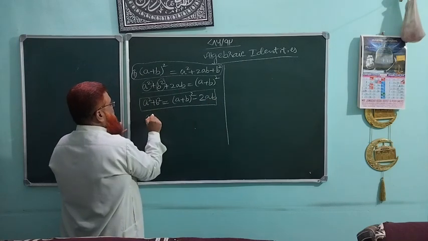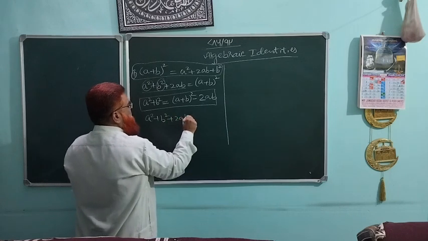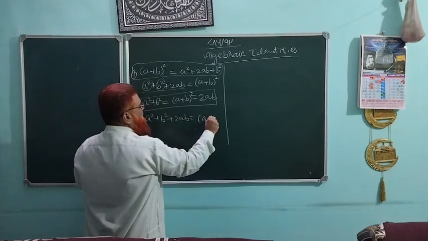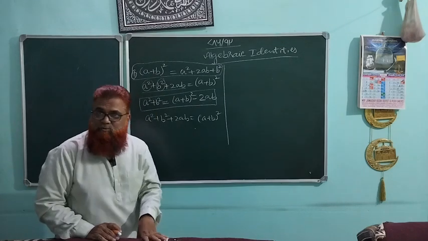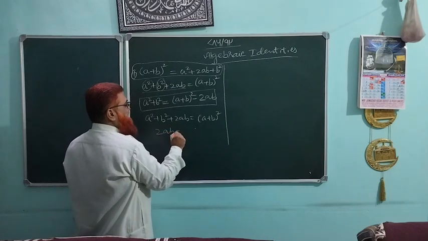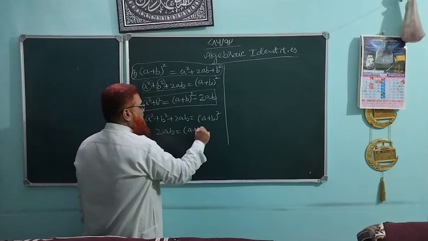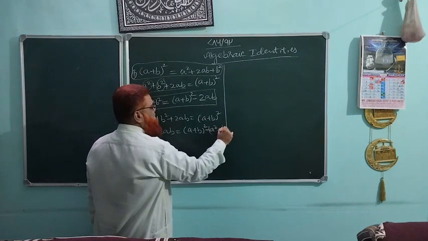This is the second manipulated form: a square plus b square plus 2ab is equal to (a plus b) whole square. But I want 2ab. What is 2ab equal to? 2ab is nothing but (a plus b) whole square minus (a square plus b square).